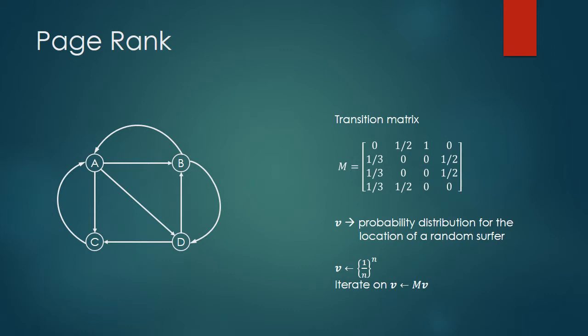If you start off with an initial guess, which is equal probability that the surfer is on any of these web pages, and we iterate repeatedly using the transition matrix, this is going to eventually converge onto the steady state solution. So that's going to result in the limiting probability for this particular graph. Okay?